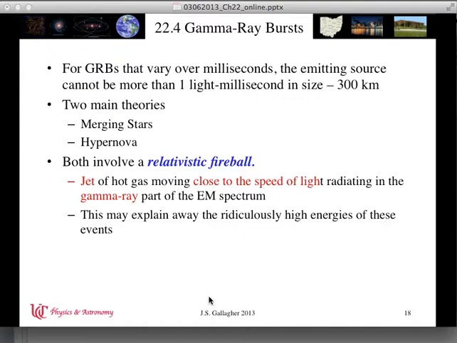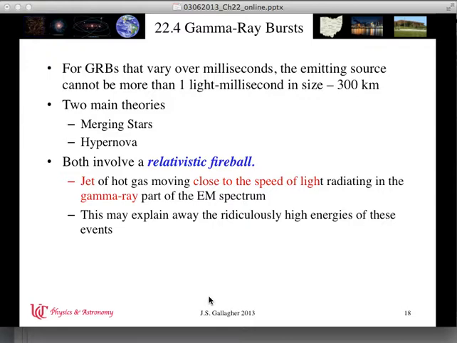There are primarily 2 theories involved in the origin of gamma ray bursts, and they're called the merging stars theory and the hypernova theory. Both of these theories involve what we call a relativistic fireball. A fireball is created that creates high energy particles that are traveling close to the speed of light.